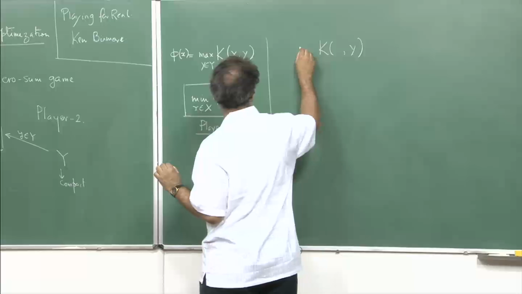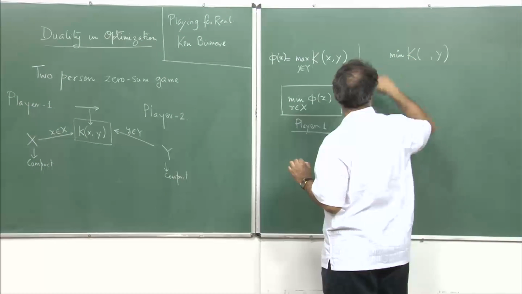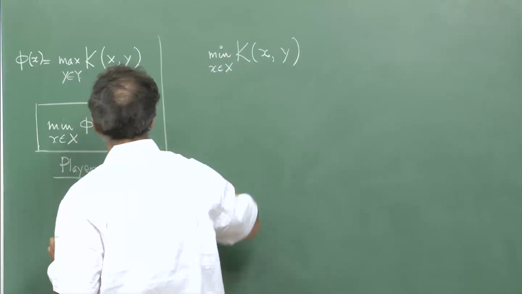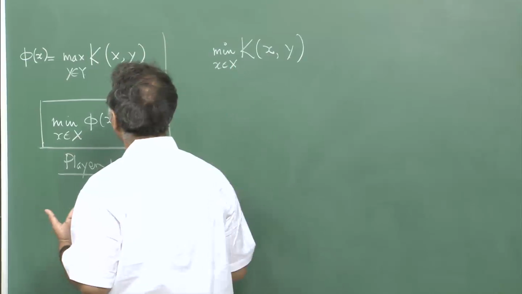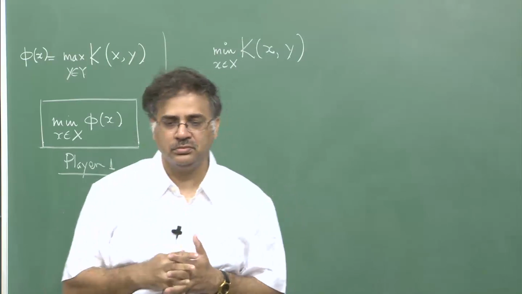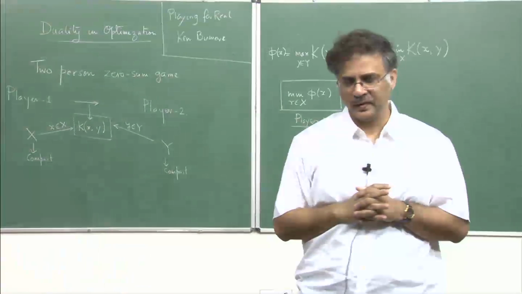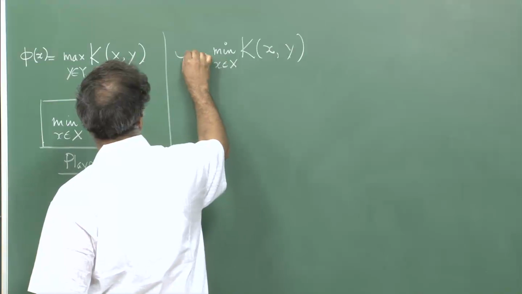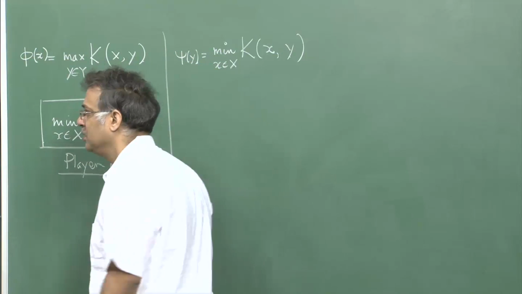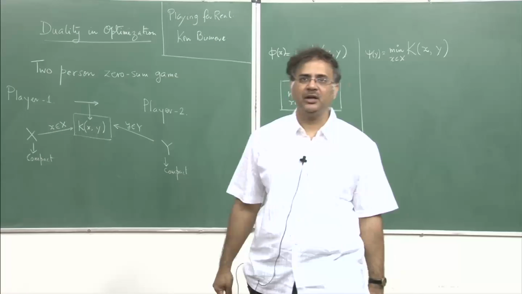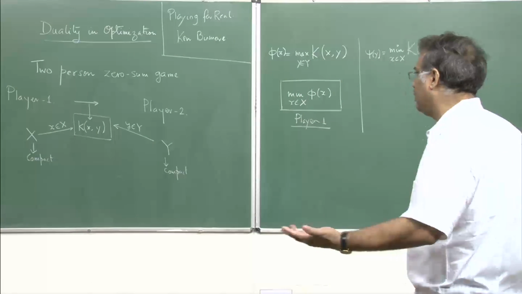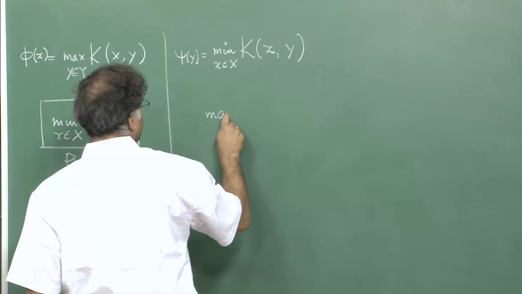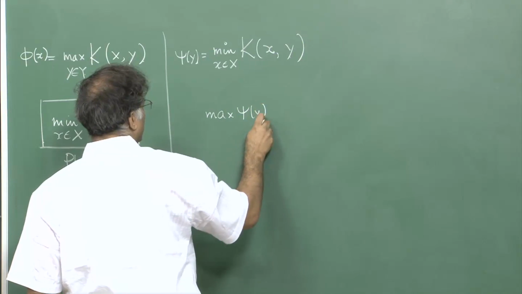So, for a given y, he would like to see the minimum amount of profit he can make from player 1. If I am player 2, I would like to maximize that minimum profit, everybody would like to maximize profit. So, I would like to maximize phi y.